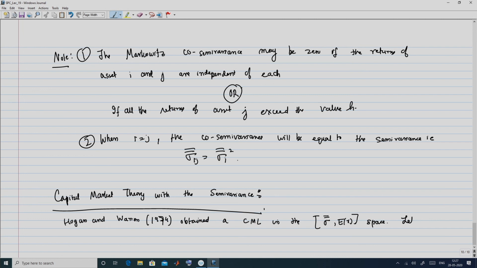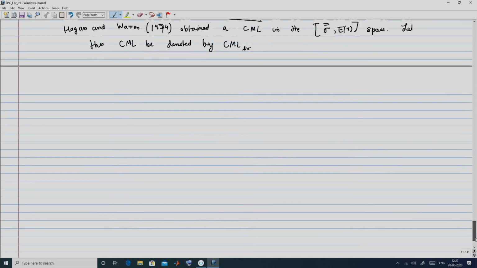Now, we let this CML be denoted or named as CML of SV, just for semi-variance.